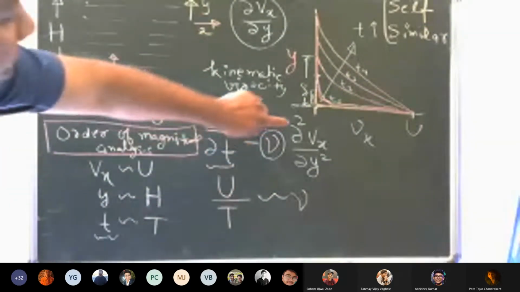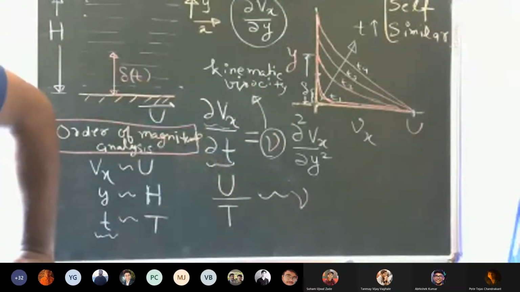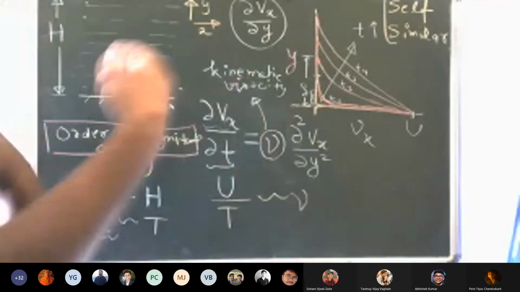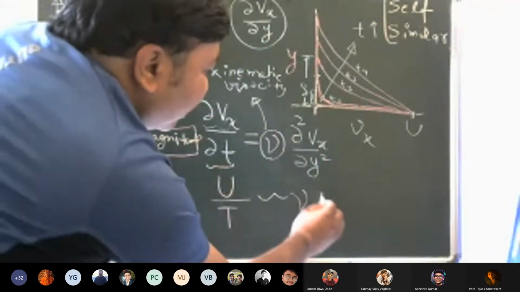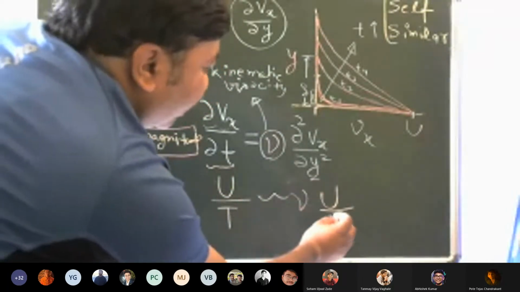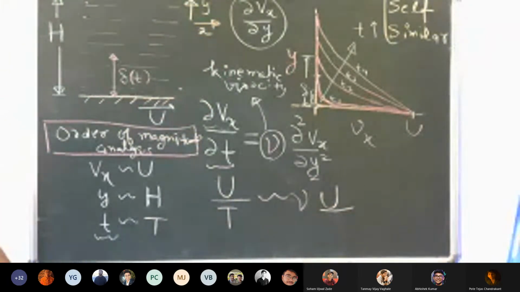What is the characteristic value of the other term? What do you think? U by x square. Yeah, very good. So this is the difference, taking the difference two times. So this is simply u, very good. And y, this is a squared quantity, by L, what's that, L square or what square?